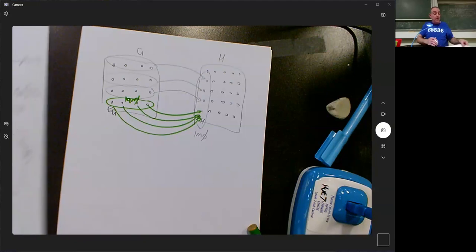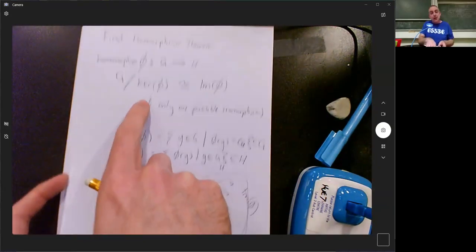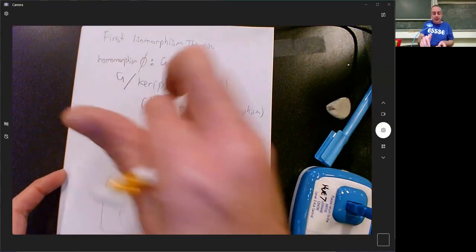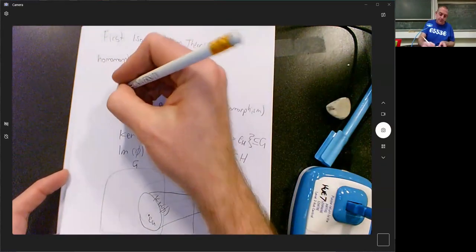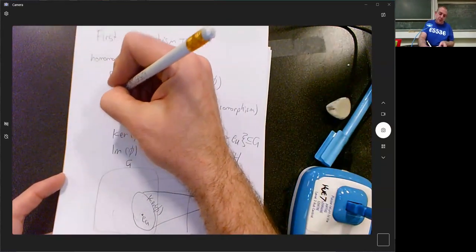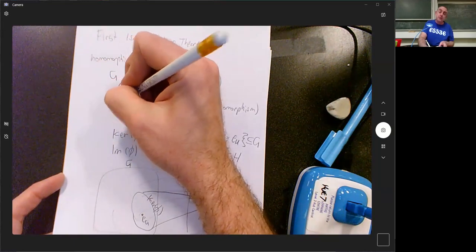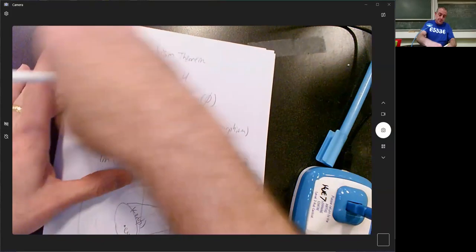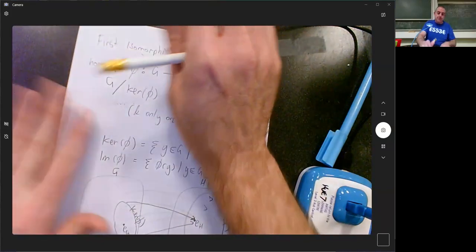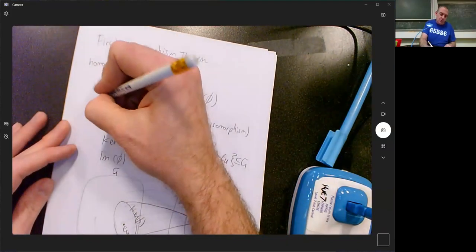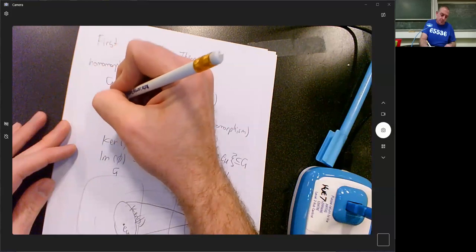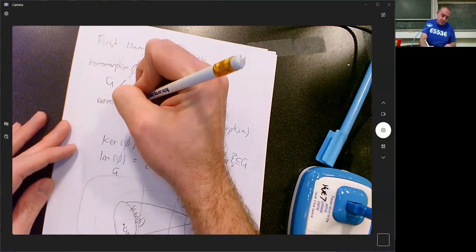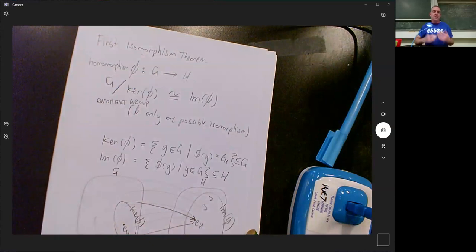So we need to know what it means to be a factor group. That's a factor group there, right? That's what they call it? Quotient group? Sure. I learned it as a factor group, but it's fine. I'll be okay.